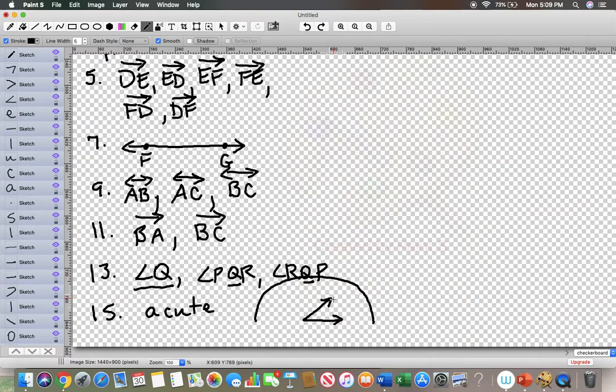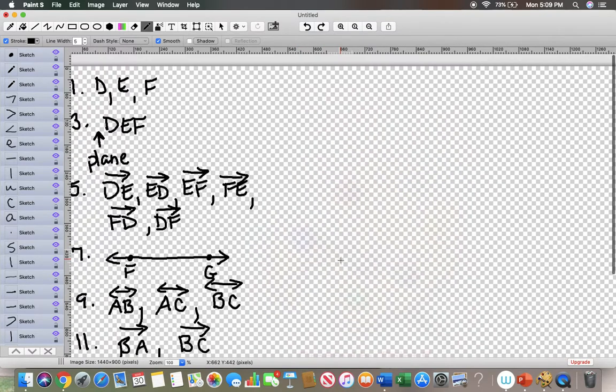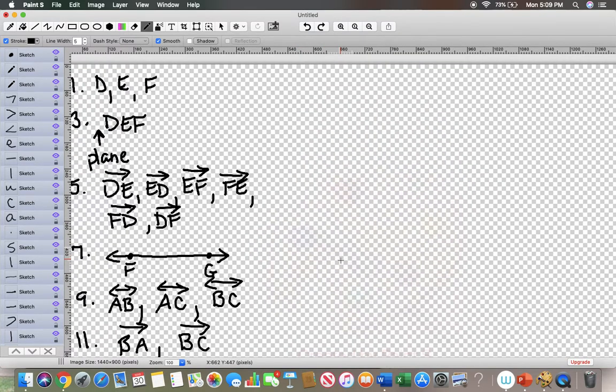Here's what you do. Get a ruler out and just extend that side of your angle. Now you can find where that angle would hit on the protractor. I would highly advise you to do that. Again, I'll be counting these within 1 to 2 degrees off when we check homework.